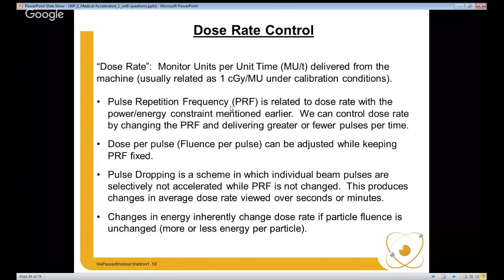Although usually, we're talking centigray per minute under some specific conditions. The pulse repetition frequency is the PRF. It is the number of pulses per second. How many times per second am I putting some electrons and the accelerating potential in the accelerator and letting them be accelerated? The other thing that controls dose rate is the dose per pulse, or fluence per pulse. At a fixed PRF, I can control dose per pulse by controlling the fluence of electrons leaving the injector.